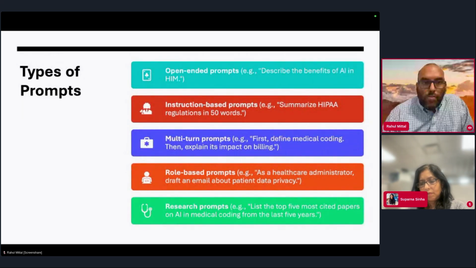Okay, so the next slide. As I've explained, health information management involves handling large amounts of structured and unstructured data, ensuring compliance with regulations and supporting clinical and administrative workflows. AI can assist with these processes by extracting key insights from medical records, automating data entry, and providing decision support.